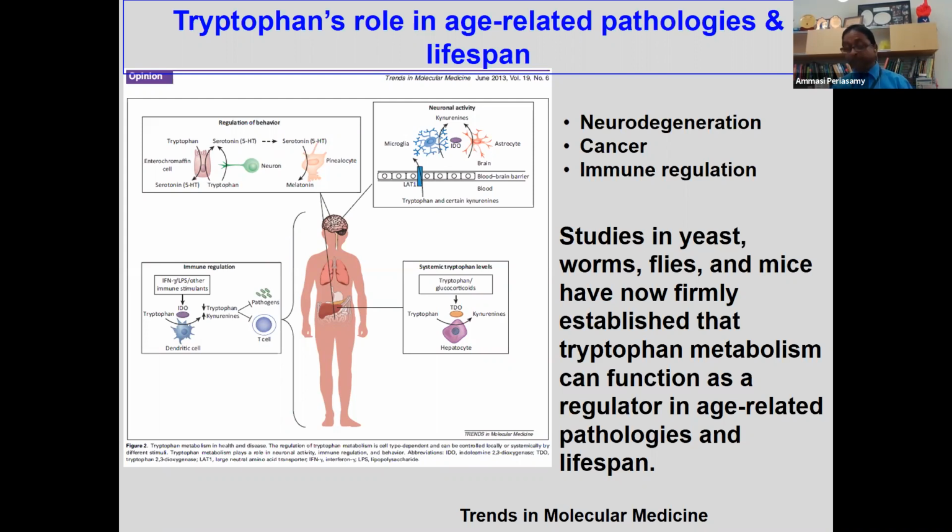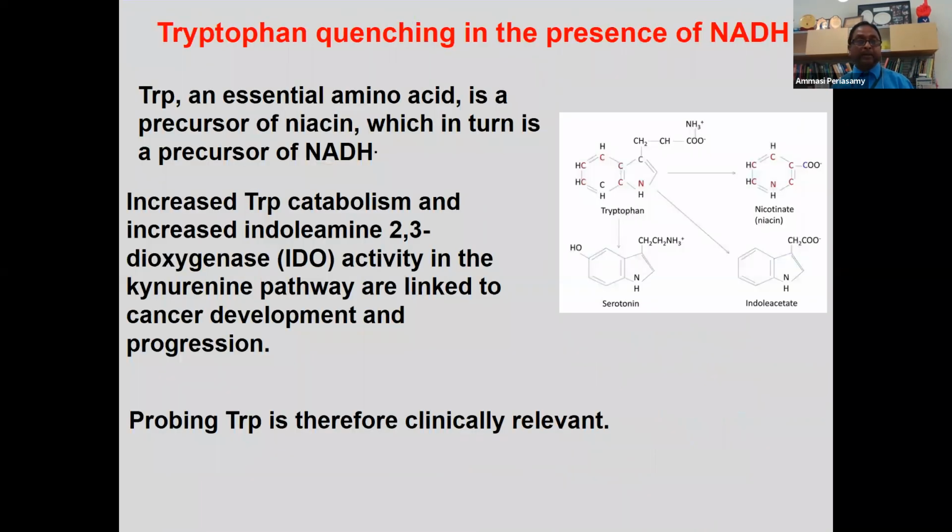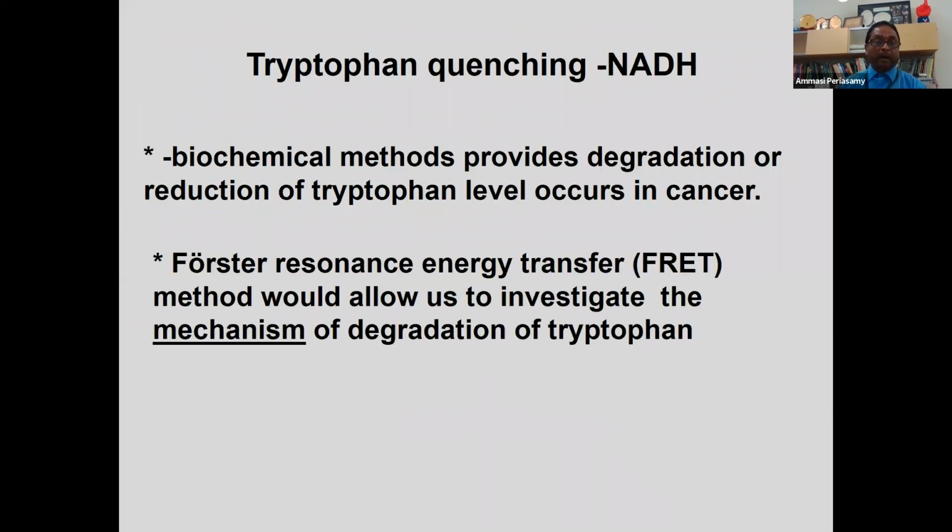Tryptophan metabolism will provide you information on a number of age-related pathologies and lifespan. It's an essential amino acid, precursor of niacin, which in turn is precursor for NADH. The increased tryptophan catabolism and increased indoleamine dioxygenase activity in the kynurenine pathway are linked to cancer development and progression. So our cancer center people are very much interested in the kynurenine pathway to investigate tryptophan.